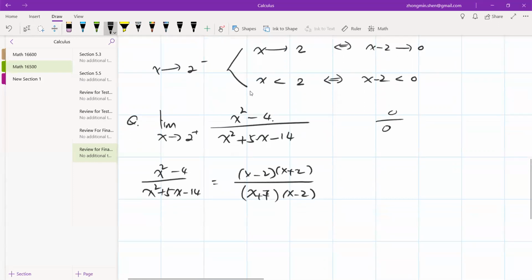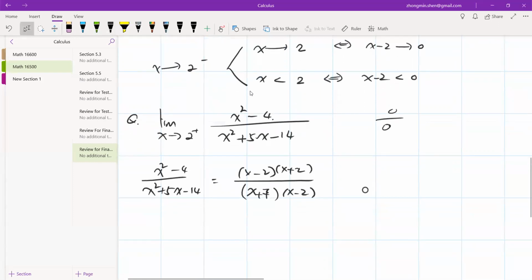Okay. Then x minus 2, because for a polynomial, if you plug 2, the polynomial becomes 0. You must have a factor of x minus 2. Then you say, how do you know x plus 7, x minus 2 so quickly, right? If you don't know, but at least you should know x minus 2 is a factor. Otherwise, this is not going to be 0.